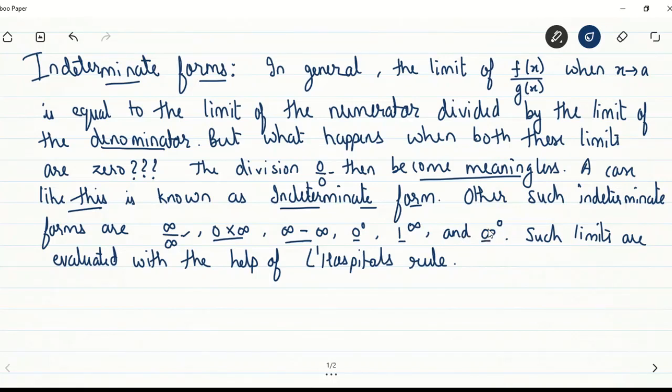All these are known as the indeterminate forms, meaning the value of this cannot be determined. Now such limits can be evaluated with the help of L'Hospital's rule. L'Hospital was a mathematician who gave this rule, and we will use his rule to determine such limits.